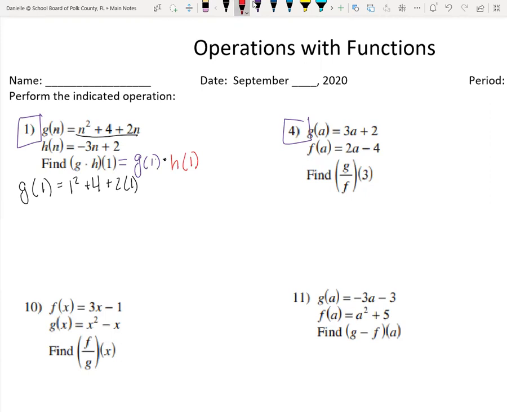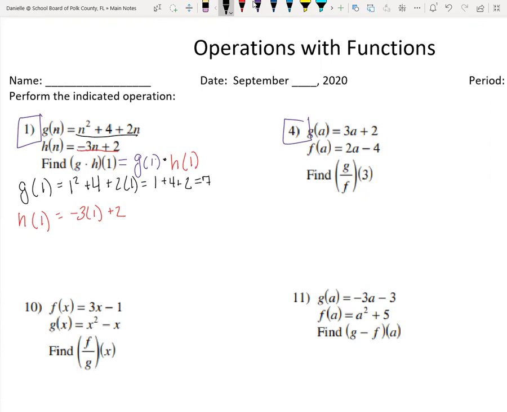And when I do h at 1, this one down here, negative 3 times 1 plus 2. Well, 1 squared gives me 1, plus 4, plus 1 times 2 is 2. So 1 plus 4 is 5, plus 2 is 7.